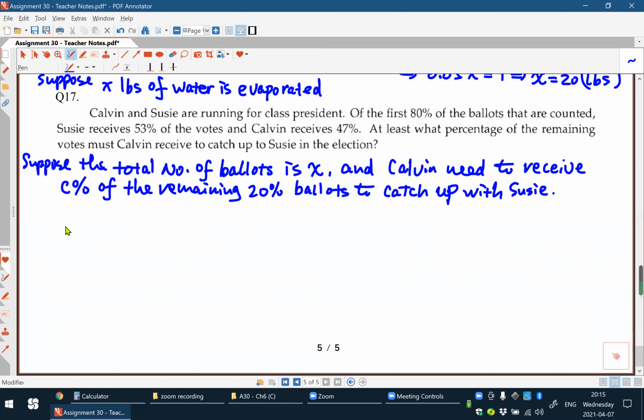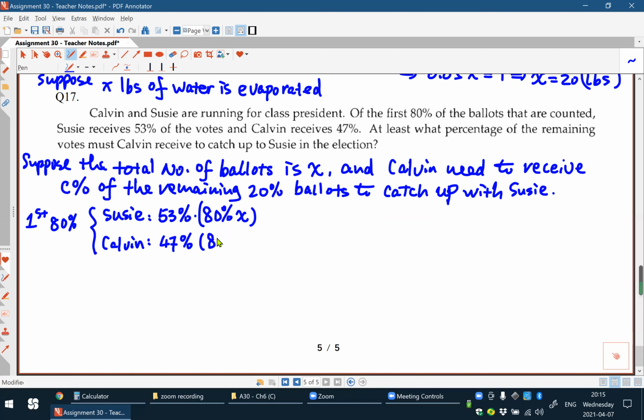Okay, so what information do we have? For the first 80% of ballots, we know that Susie gets how many? Susie gets 53, right? So 53% of 80% of X. So how many does Calvin get? Calvin gets 47% of the first 80% of X, right?